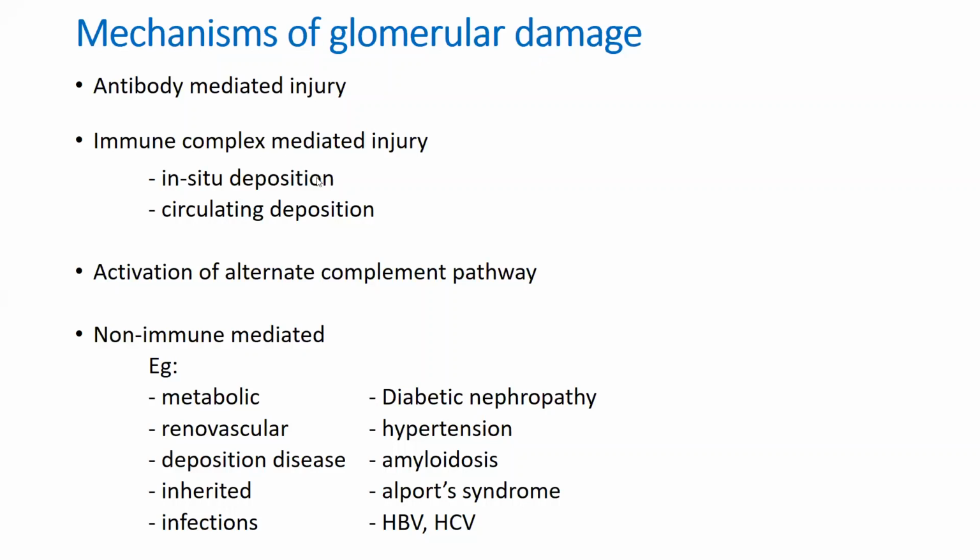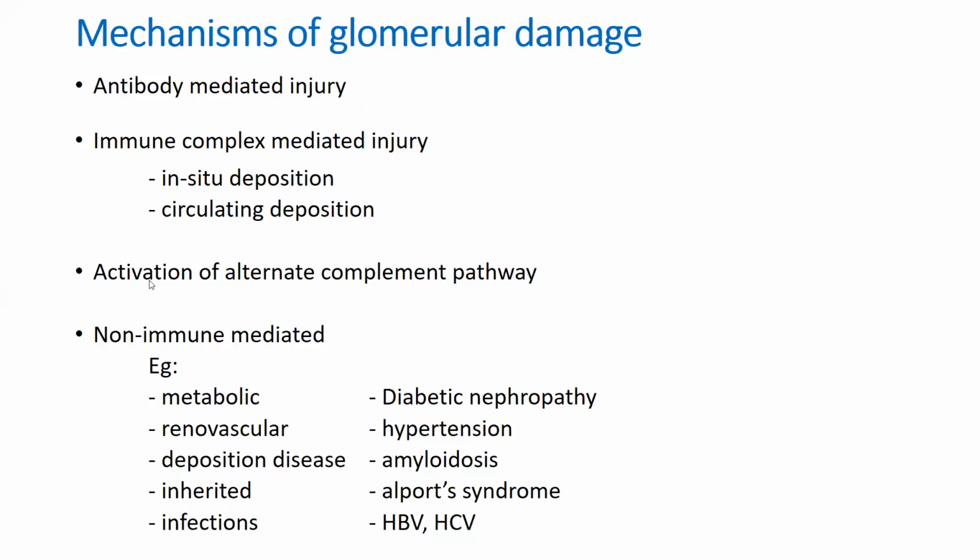You sometimes can get immune complexes forming. The immune complexes can form in situ. In situ means within the circulation you can get immune complexes developing. Sometimes these immune complexes directly go and deposit in the glomerulus and the glomerular basement membrane, causing damage.